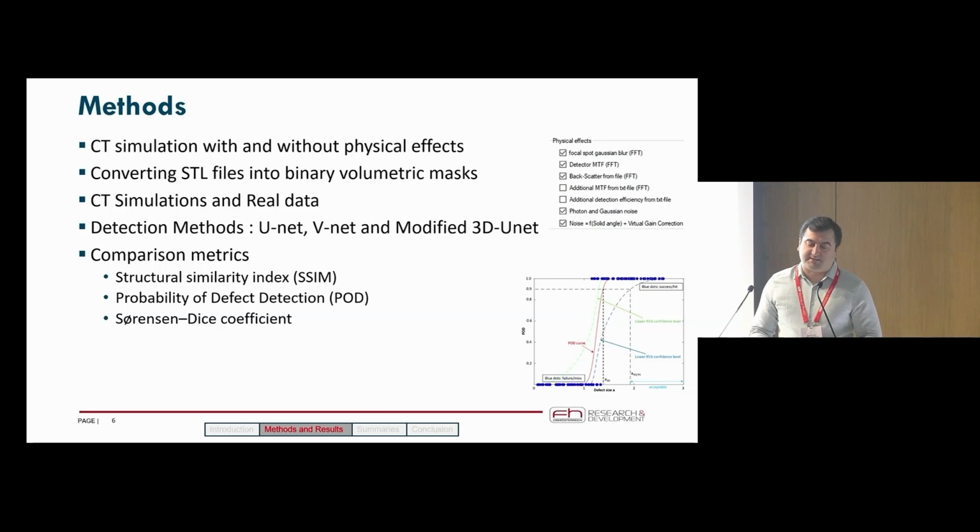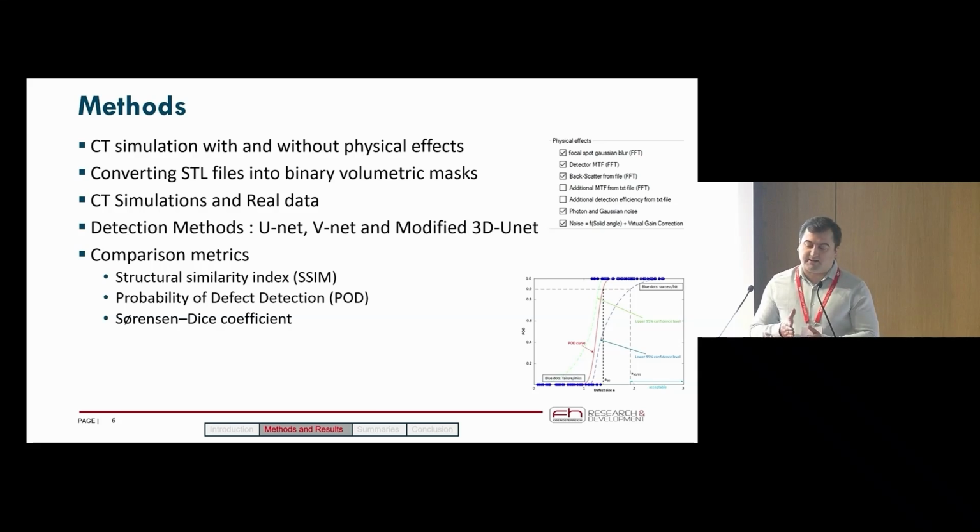The first one is the structural similarity index. The second one is the probability of detection. You can see here one example image of the probability of detection. The red line shows the POD curve, and the blue and green dashed lines show the confidence bounds at 95%.